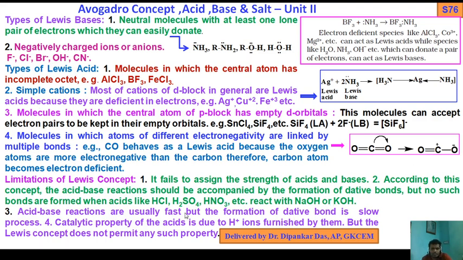Acid-base reactions are usually fast, but dative bond formation is slow. And the catalytic property of acids is due to H plus ions, which the Lewis concept doesn't permit. So these are the drawbacks or limitations of the Lewis concept, very important.